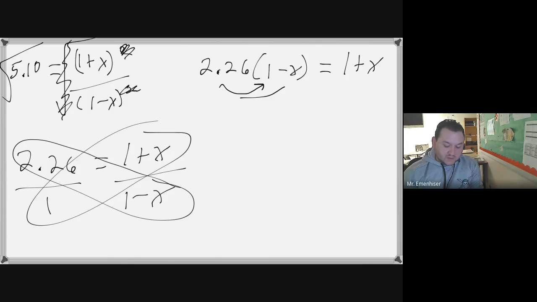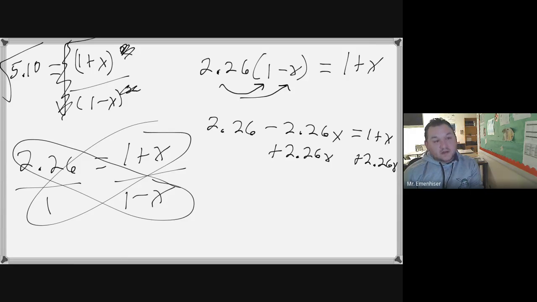I'm going to distribute here. I'm going to multiply the outside by both of the inside terms. So 2.26 times 1 is 2.26. 2.26 times X is 2.26X. And then that's equal to 1 plus X. All right, I have to combine like terms. So I'm going to add 2.26 to both sides.